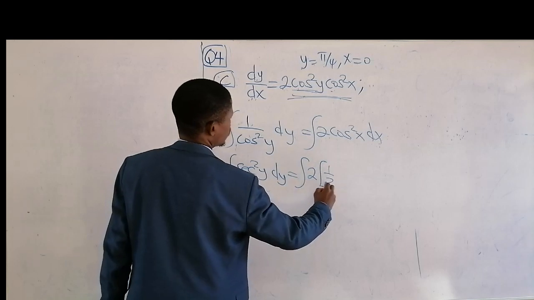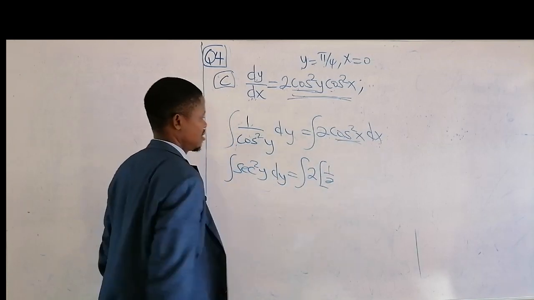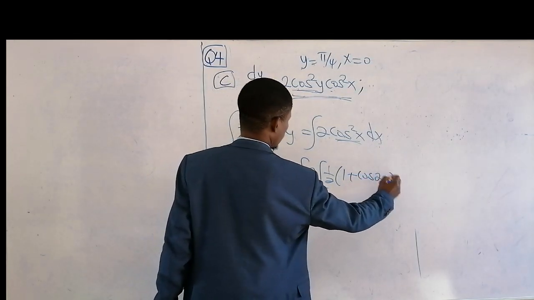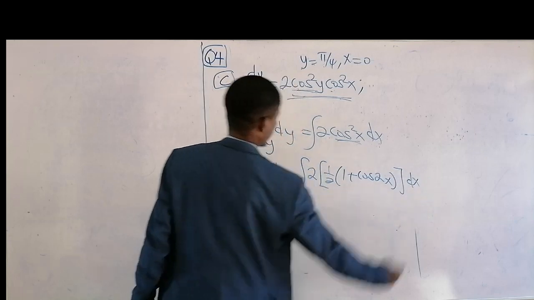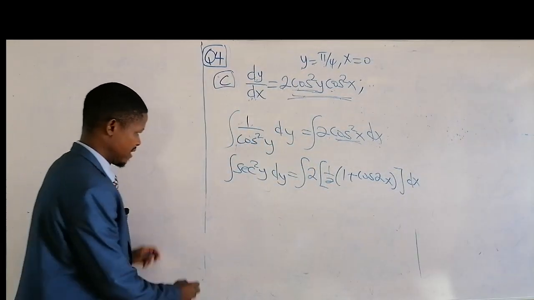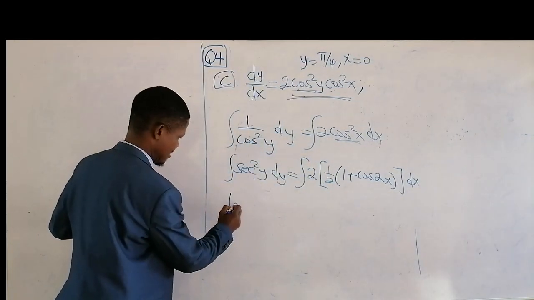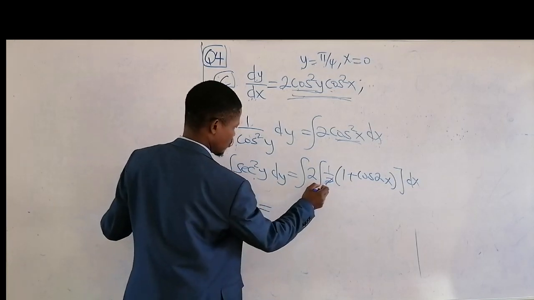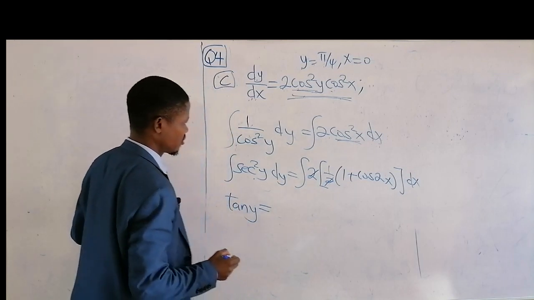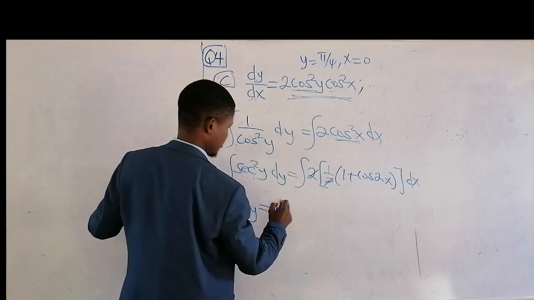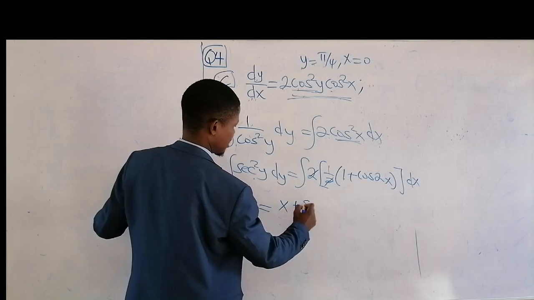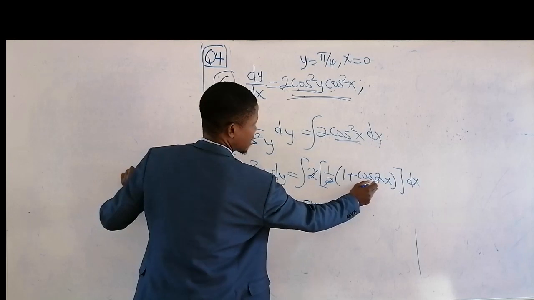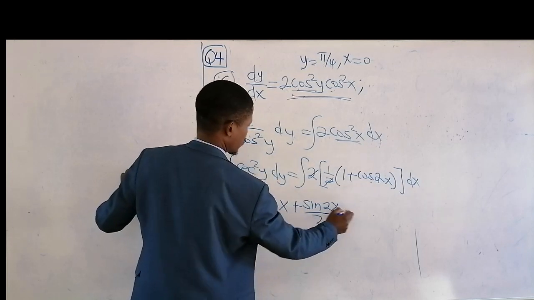For cos square x, we use an identity, which is 1 over 2, 1 plus cos 2x, dx. So if you integrate this, you're going to have tan y equal to, the 2 and the half cancel, then we have the integral of this, that's x plus sine 2x, integral of cos is sine, then you divide by the coefficient of the variable, over 2, plus c.